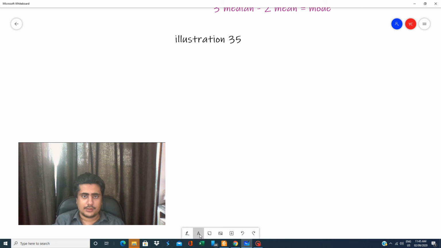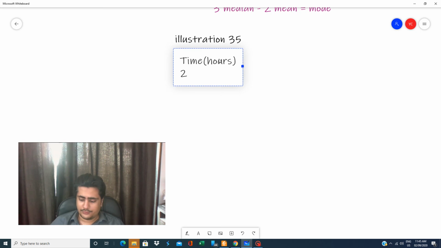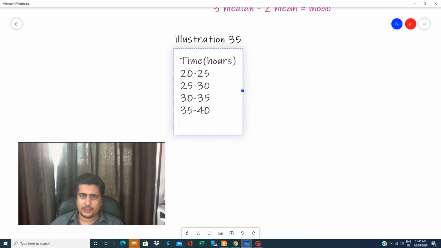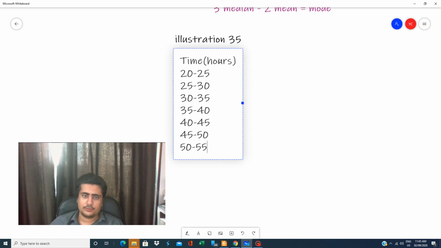Time in hours is given: 20 to 25, 25 to 30, 30 to 35, 35 to 40, 40 to 45, 45 to 50, 50 to 55.